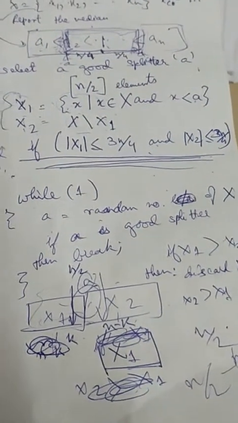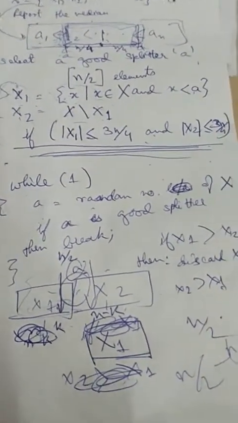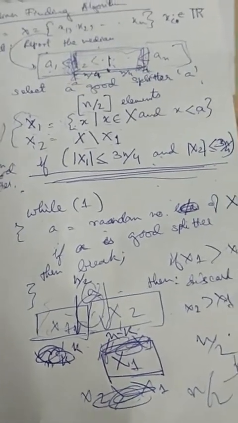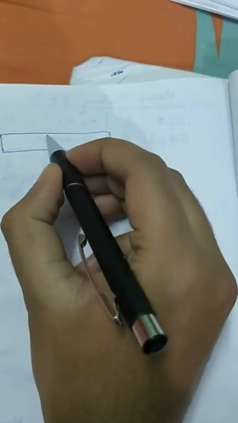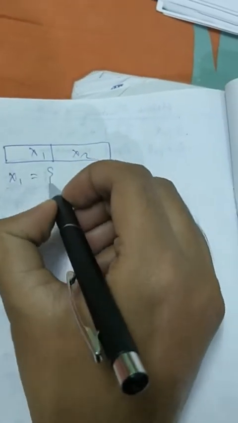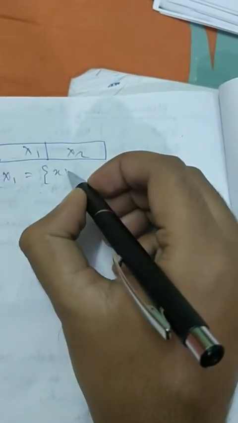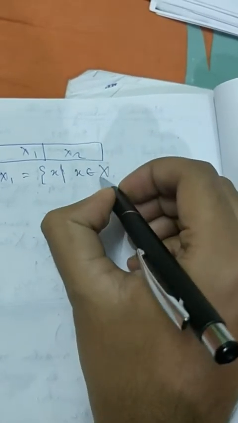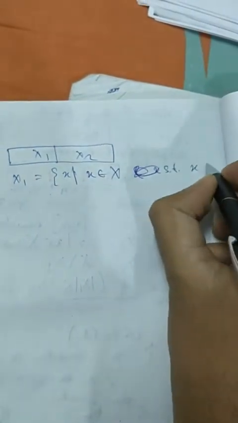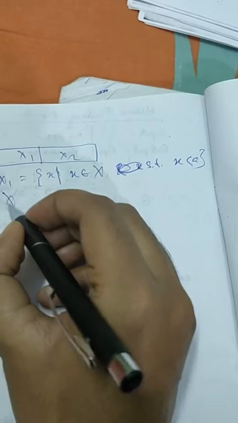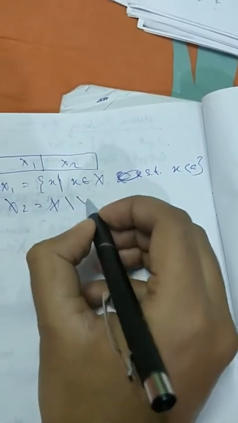Basically, as we saw, if x1 is greater than x2, then discard x2 because the median will be in x1. So basically, at each step we divide the array into x1 and x2 as in our previous definition, where x1 equals x such that x belongs to capital X and x strictly less than a, where a was our splitter, and x2 was X minus x1.